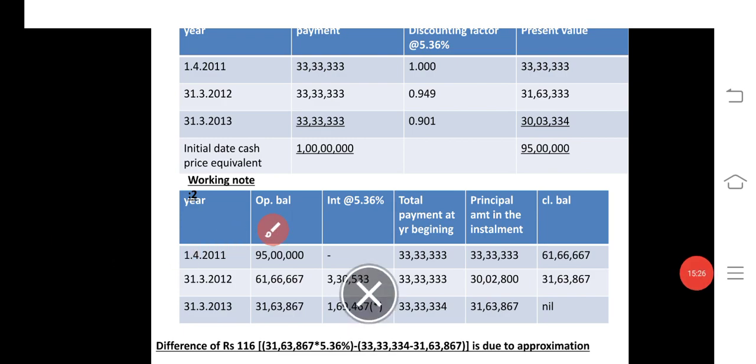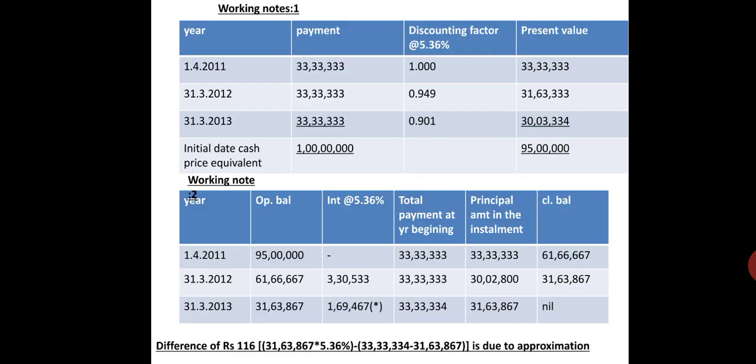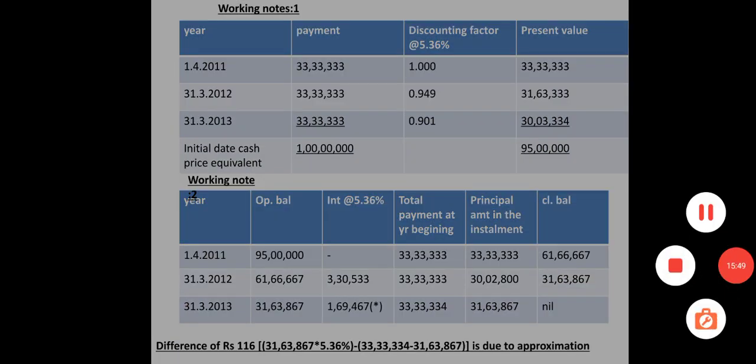So now pass the necessary journal entries. On 1st April 2011, the first journal entry is property, plant and equipment account debit to bank account to accounts payable account. So property, plant and equipment is rupees 95 lakh, this amount.